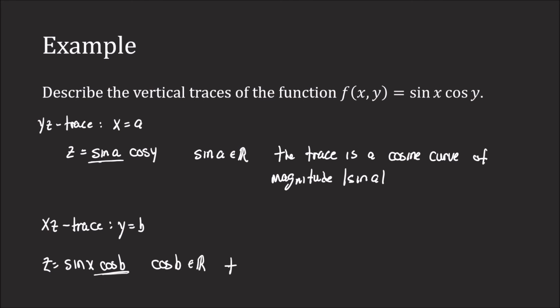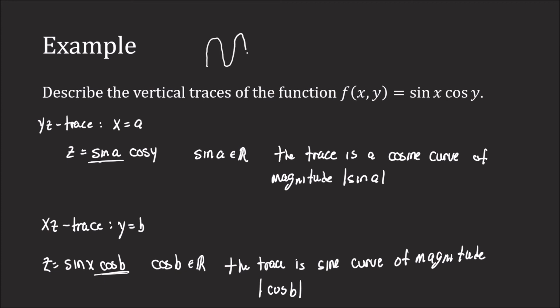And so the trace is a sine curve of magnitude absolute value cosine of b. So since it's the xz trace, it would look something like this. Oops, I erased it. All right, it would do something like that.